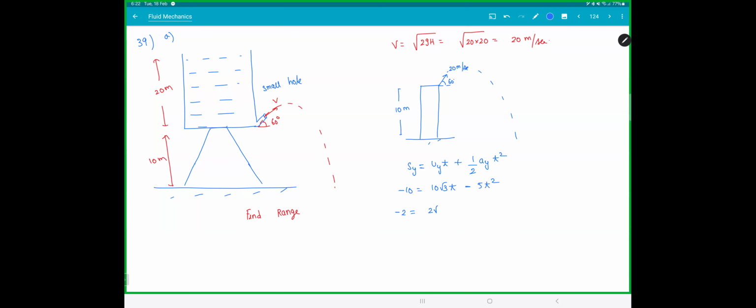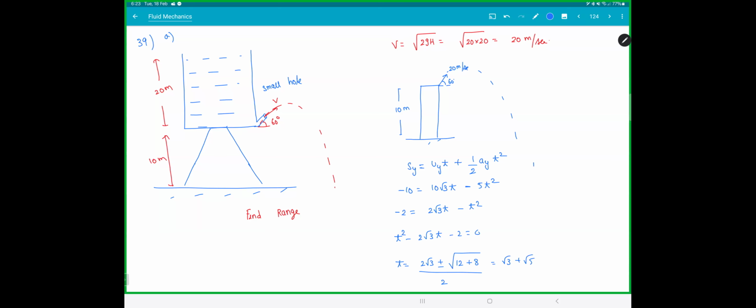So t square minus 2 root 3 t minus 2 is equal to 0. T is equal to 2 root 3 plus minus root over b square minus 4ac by 2, that is 12 plus 8, so t is root 3 plus root 5.